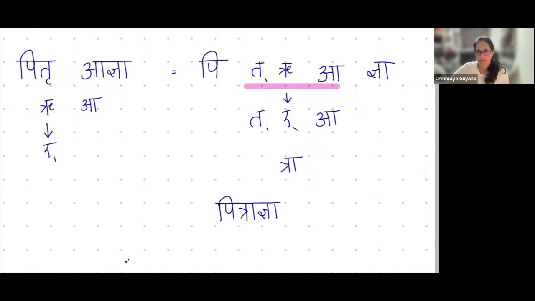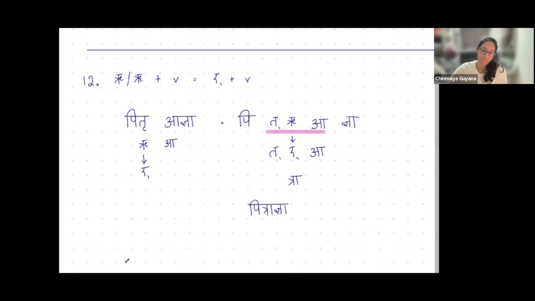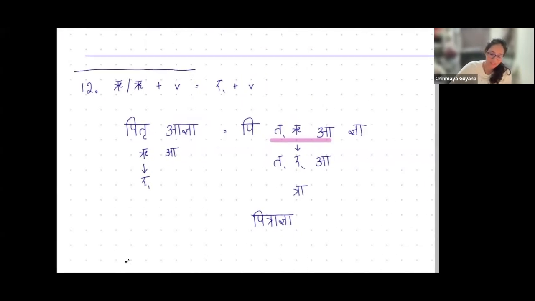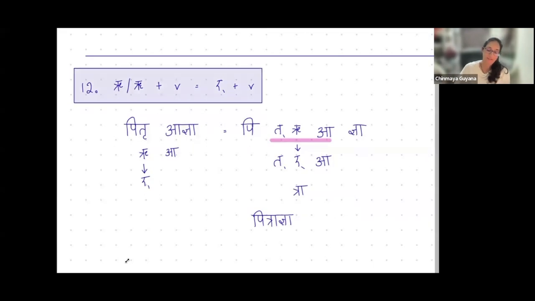Hard or easy? I mean, doable. Doable. Okay. So yeah, this is the last Sandhi rule that we had to see. R plus a vowel that is not R, it becomes Ra halant plus the vowel.